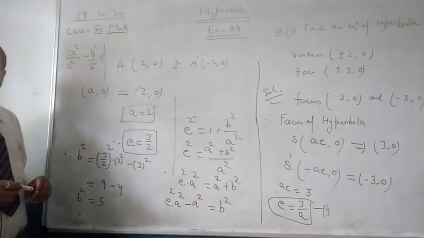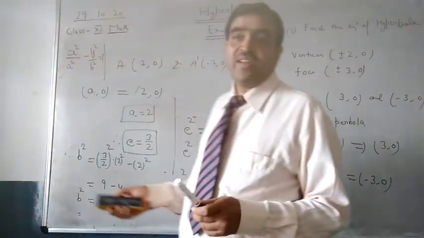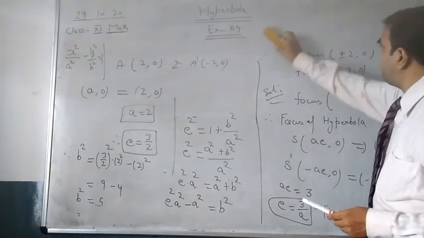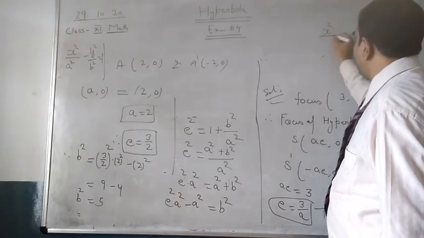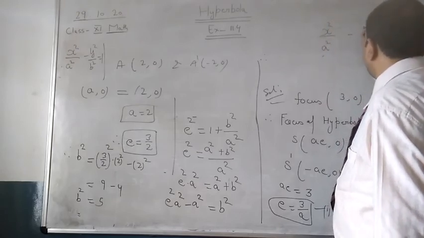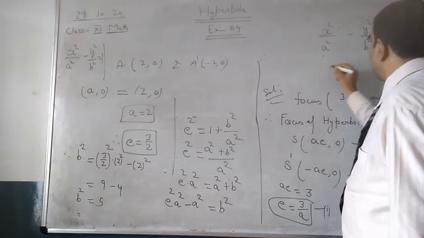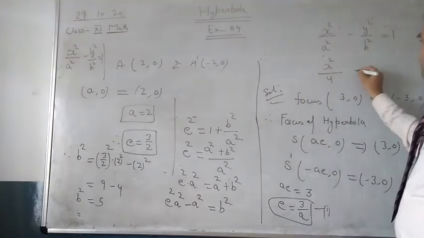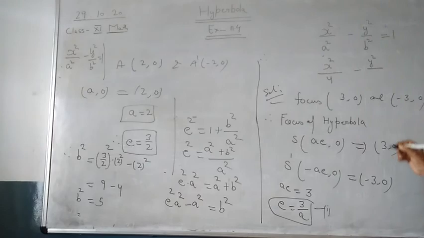Therefore, equation of hyperbola. We know that the equation of hyperbola is x square upon a square minus y square upon b square is equal to 1. So x square upon 4, the value of a square, minus y square upon 5, the value of b square, is equal to 1.